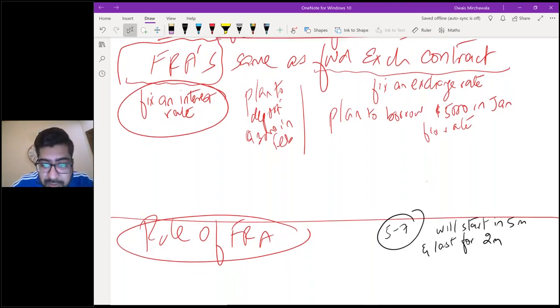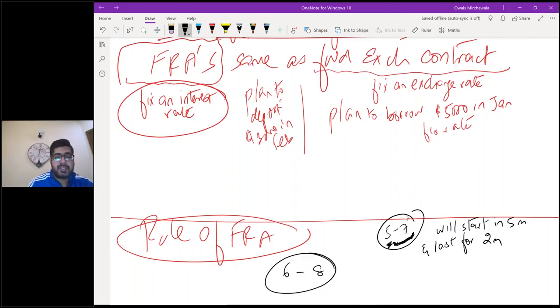The first digit is when it will start, and the gap is the lasting period. Okay. Similarly, if someone states FRA 6-8, means it will start in 6 months and last for 2 months.